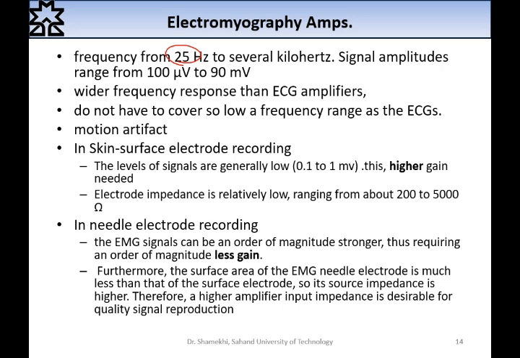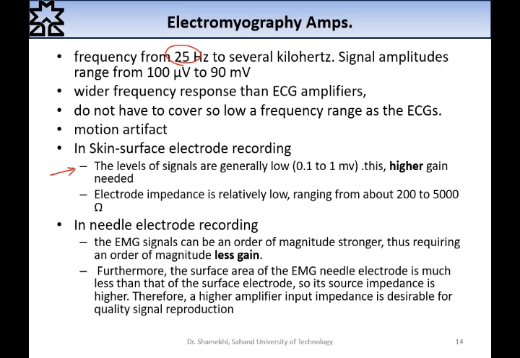In a skin surface electrode recording, the levels of signals are generally low because we are recording from outside of the body, 1/10 to 1 millivolt, and this leads to higher gain requirement.